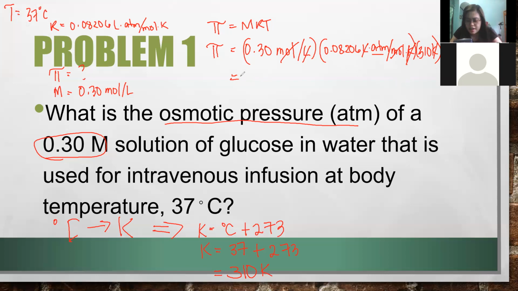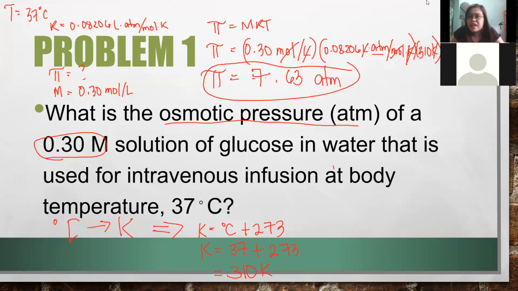So the answer here, 0.30 times 0.08206 times 310, to 2 decimal places, the osmotic pressure for this solution of glucose in water that is to be injected sa body sa patient at 37 degrees Celsius is 7.63 ATM.